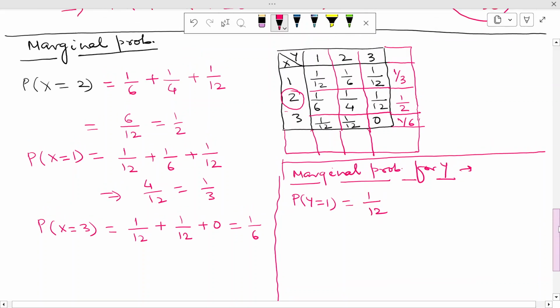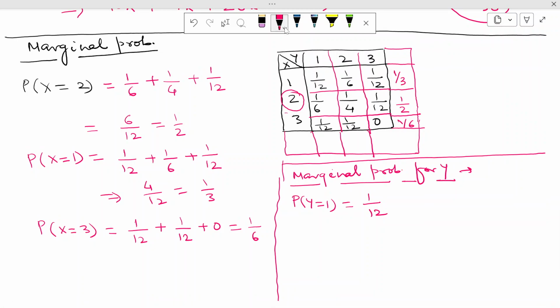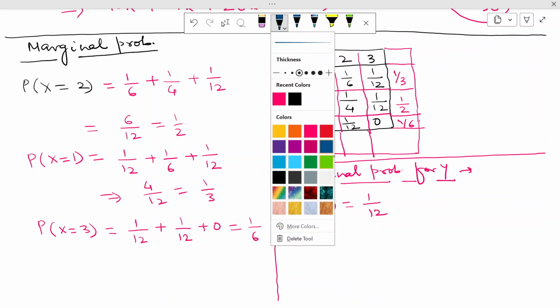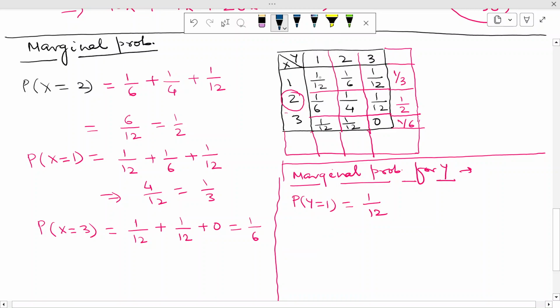If you look at this table, it will be good if I use a different color here. For y is equal to 1, you have to look along the column, because the probabilities corresponding to different values of y are given in the column. So we have 1 by 12 plus 1 by 6 plus 1 by 12. This comes out 4 by 12, or you can say 1 by 3.